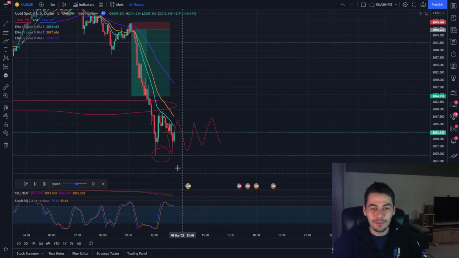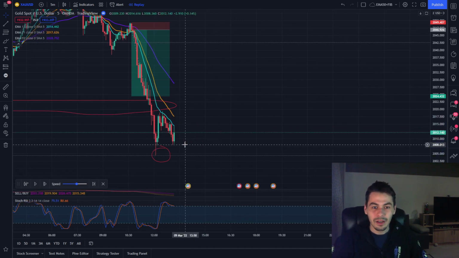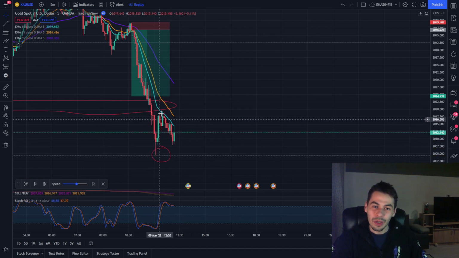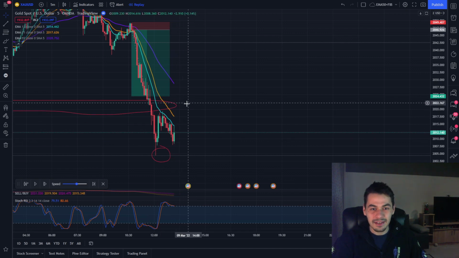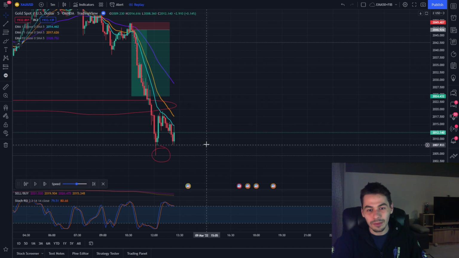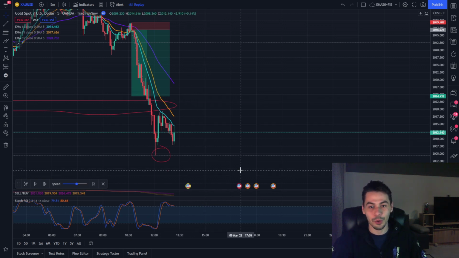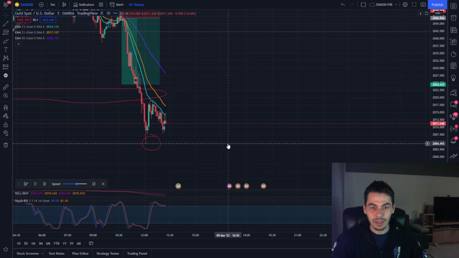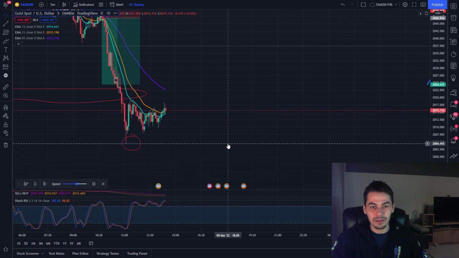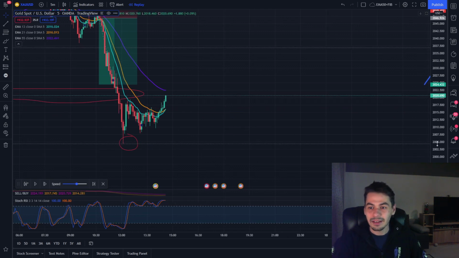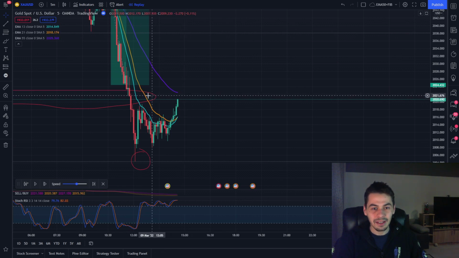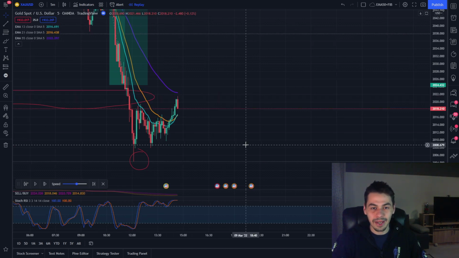Okay, so as you can see, price respects our drawing. So this low hasn't been broken yet. We have a range in our hands. We are looking at this level because this range may as well break to the downside so that we can add further profits to our position. Let's see what happens. Again, price seems to be ranging. And as you can see now, price is approaching the purple EMA and this area, and let's see how it reacts to it.